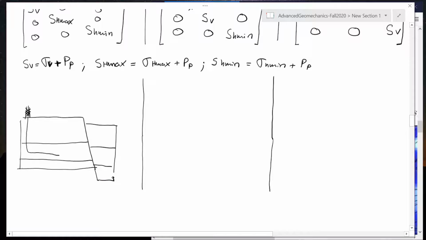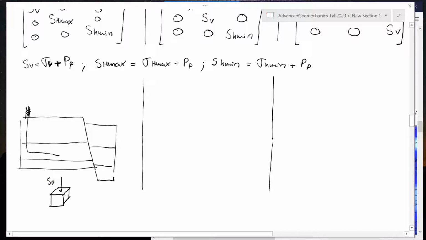In normal faulting, as we were saying, the maximum principal stress is going to be vertical, and the intermediate and minimum stresses are going to be horizontal. So SV is the largest.